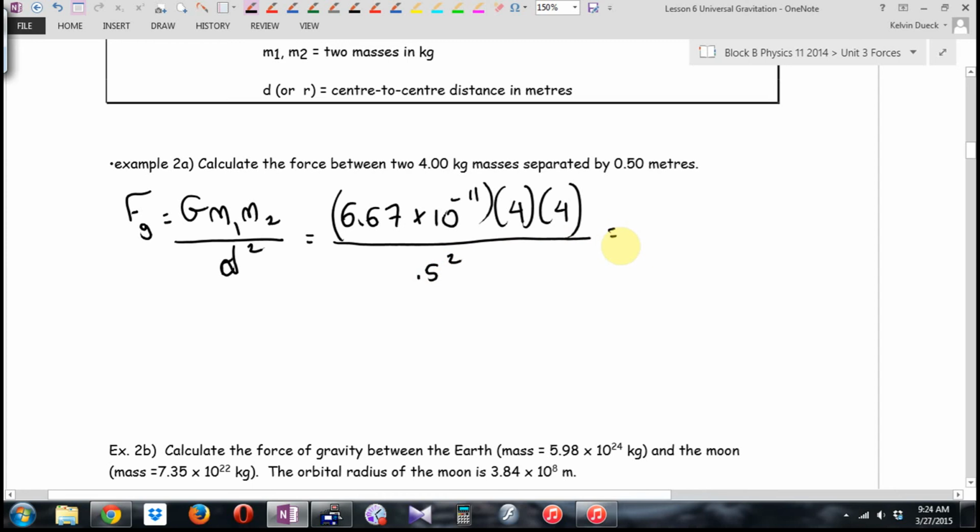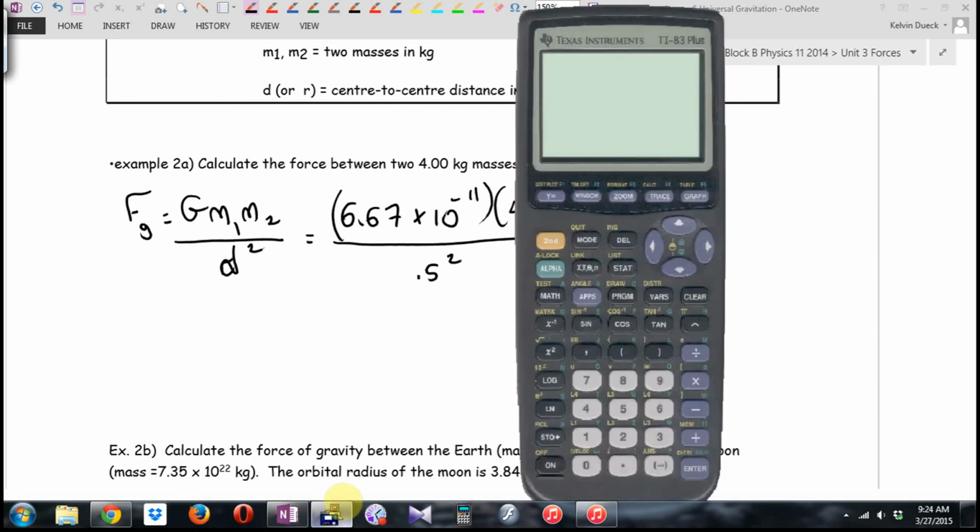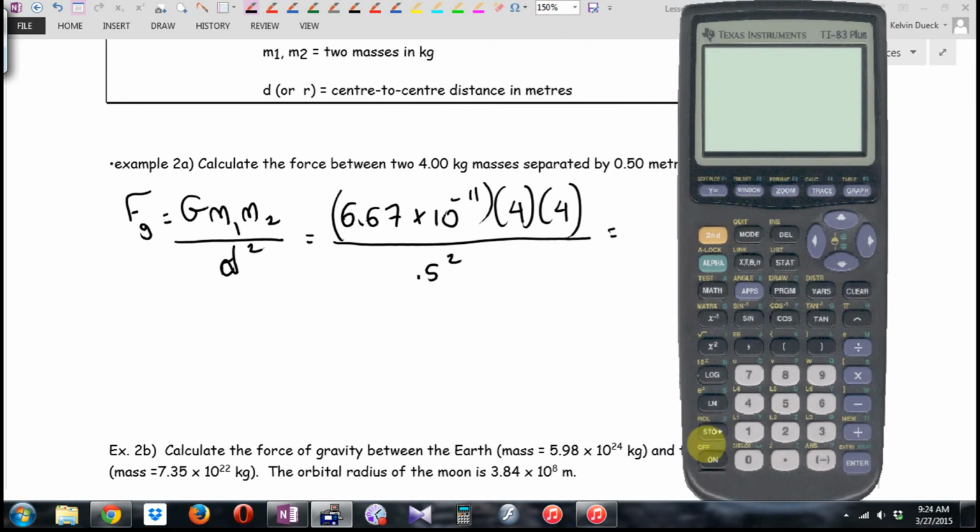How many newtons of force is there between two 10-pound, 4-kilogram masses? Now, you need to practice scientific notation on your calculators if you haven't already. 6.67, and then find your scientific notation button. Don't type times, don't type a 10, don't type a to the power of.